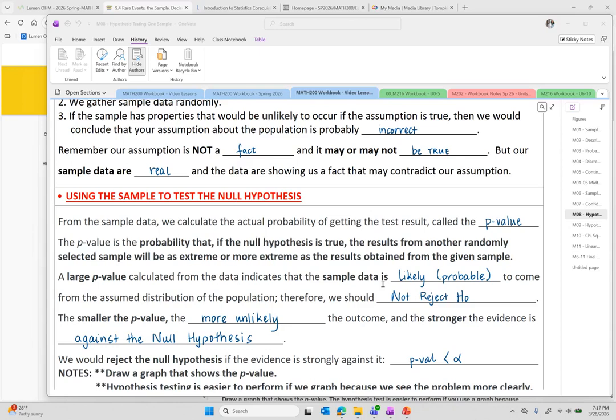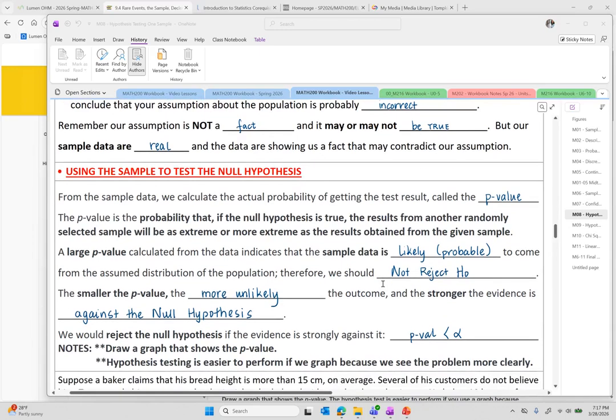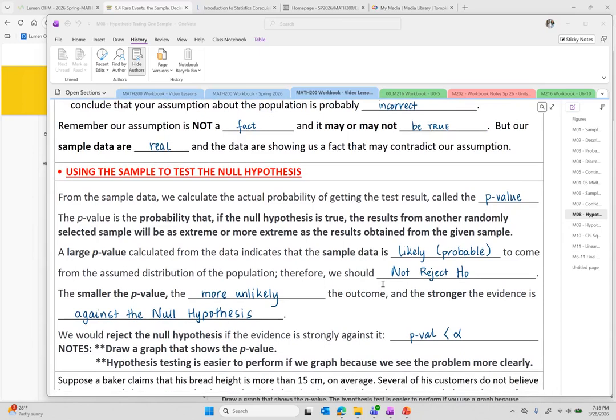This is strong evidence that the null hypothesis is false, so we can reject the null hypothesis. We would reject the null hypothesis if the evidence strongly indicates that this sample or a more extreme sample has a probability of occurring less than alpha, alpha being the significance of the test.